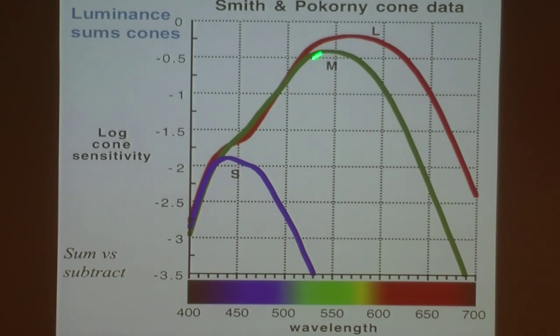We see luminance by simply summing the activity in our different cone types. So in this image, this is the color version, this is the luminance version. And most color contrast borders also carry a luminance contrast, but you can have color contrast borders that have no luminance contrast. And when you do, peculiar things happen.